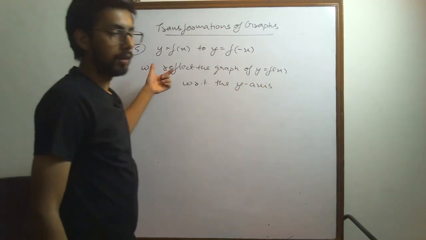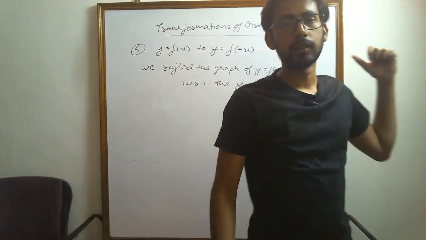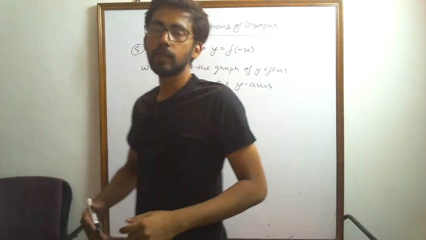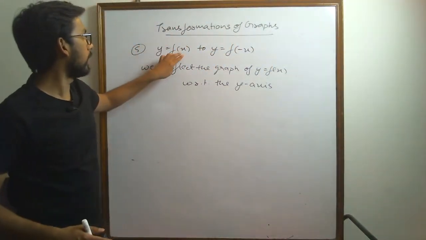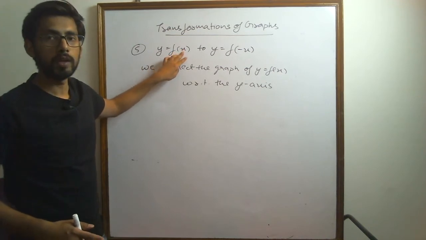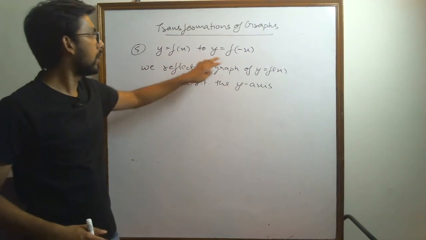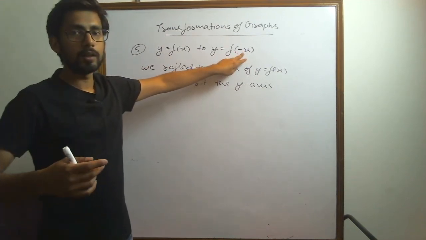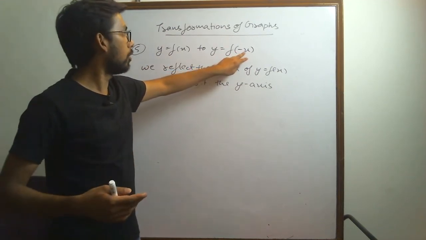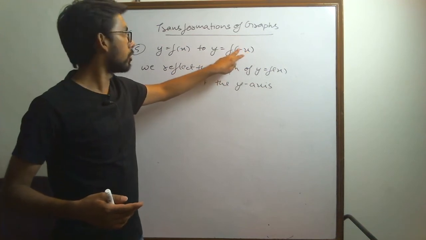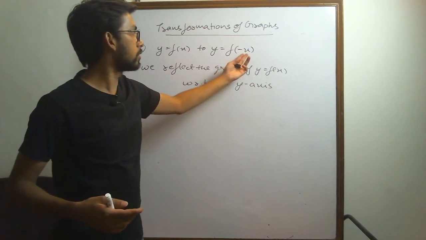This is quite easy to understand. Think about it. Suppose there was a function here, the value that we were getting when x was 2 would now be coming at minus 2, because minus of minus 2 will mean that this is 2 and we will get the same value.